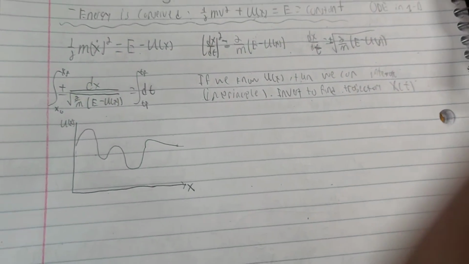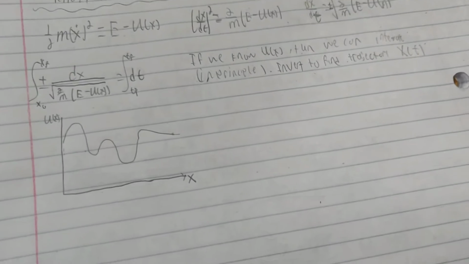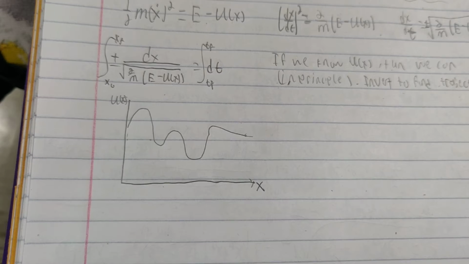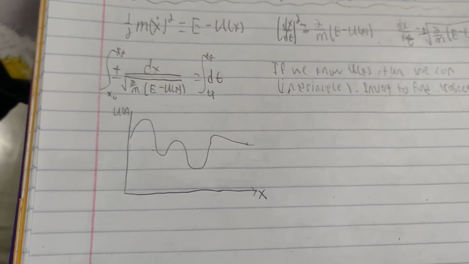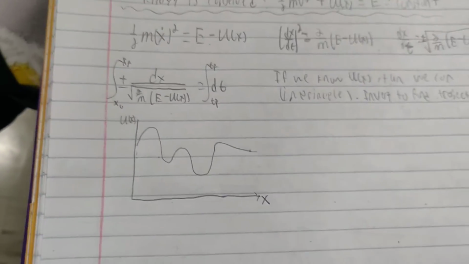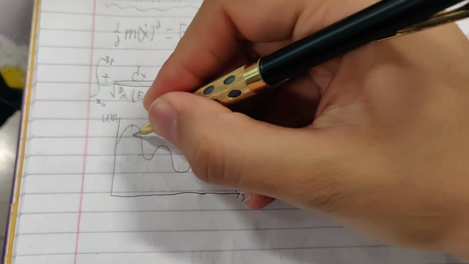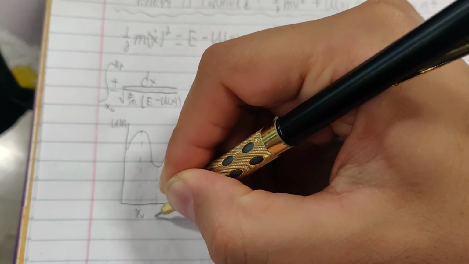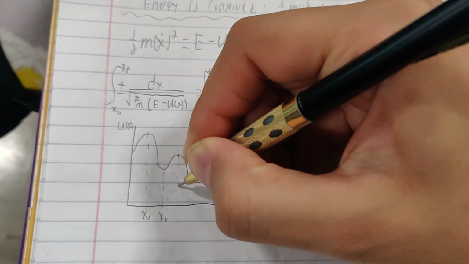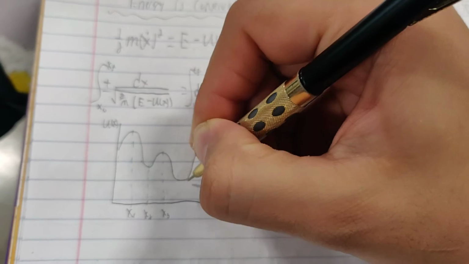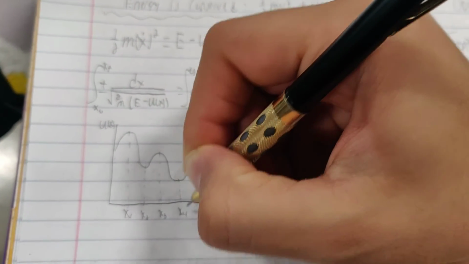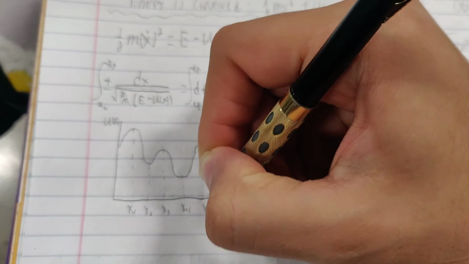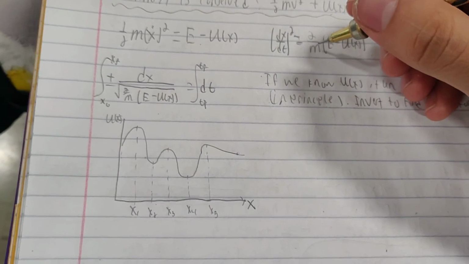Tell me where there might be some interesting locations on this graph. Maximums, minimums. Okay, so troughs and peaks. So let's say that we've got a peak here. Let's call that x1. Then we've got a trough here. We'll call that x2. Another peak x3. Another trough x4. And finally, a peak x5.